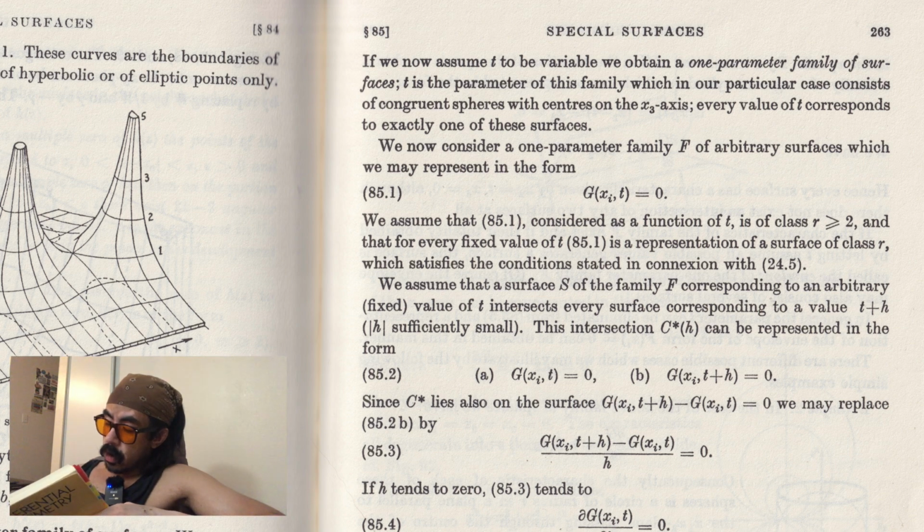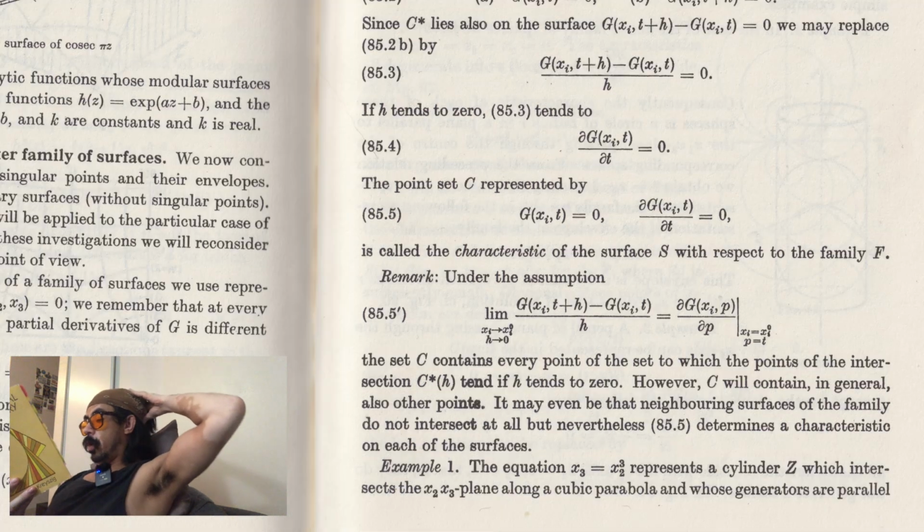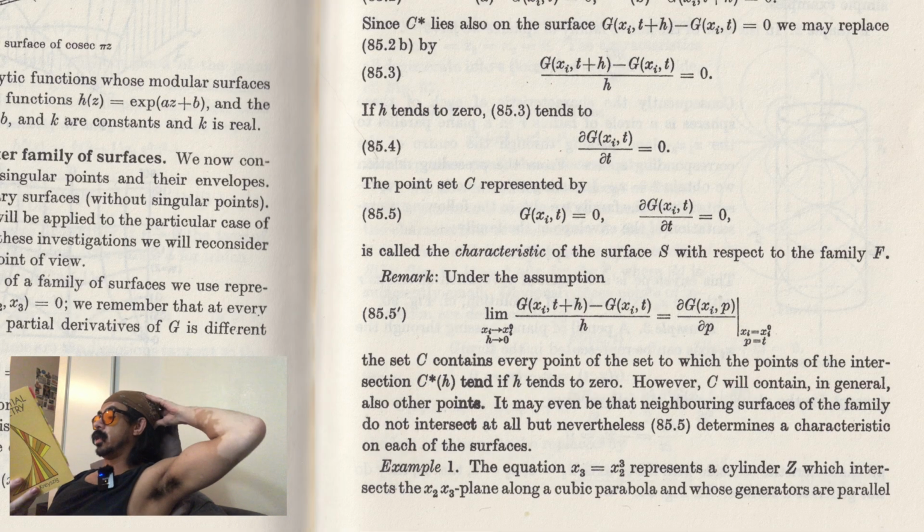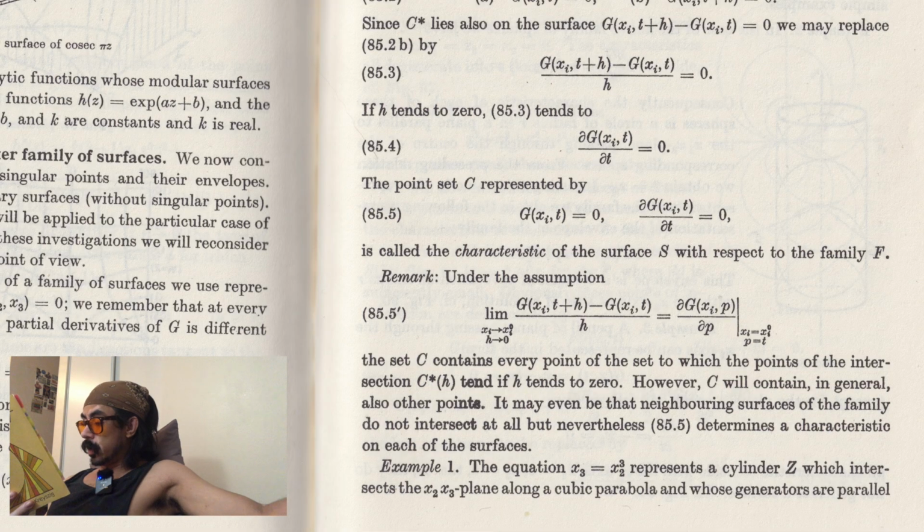If h tends to 0, then the fraction equal to 0 that I just read tends to ∂G(x_i, t)/∂t = 0.